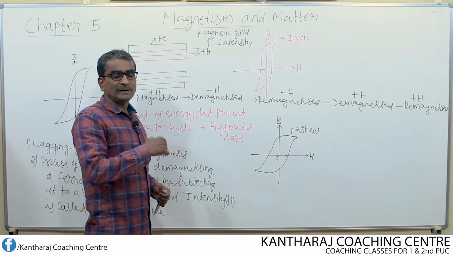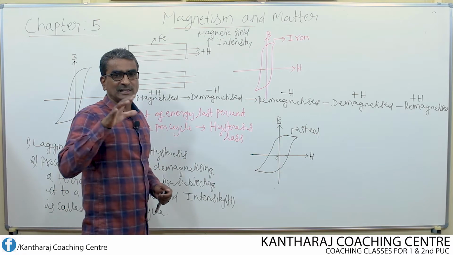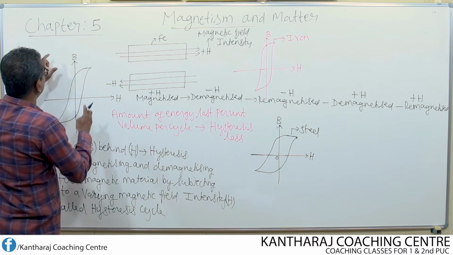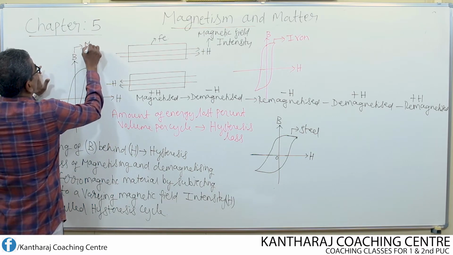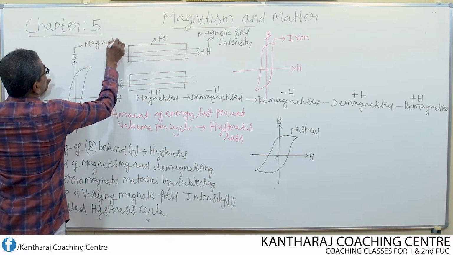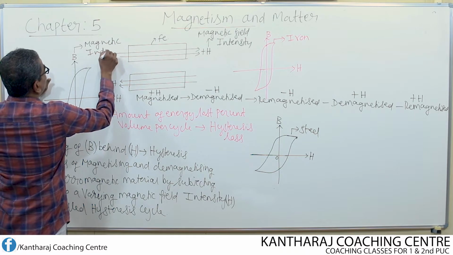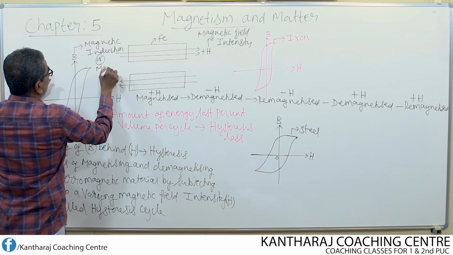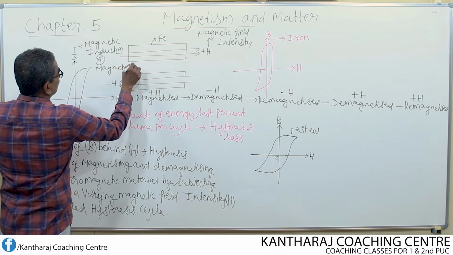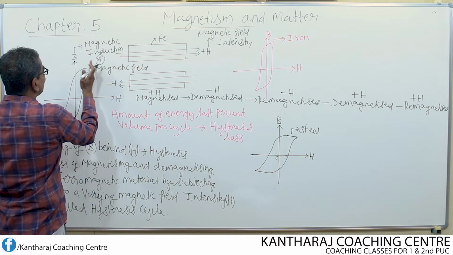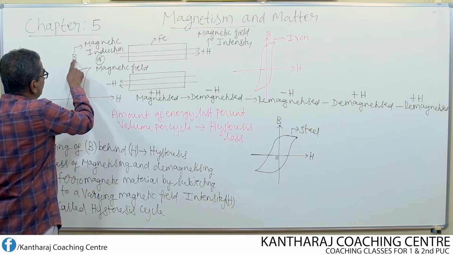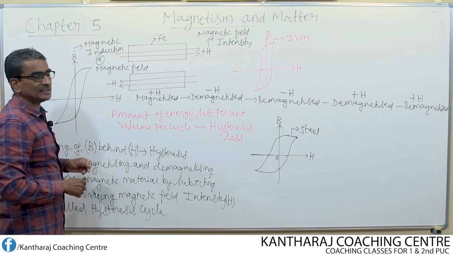Then throughout the process of the hysteresis cycle, it is found that the magnetic induction or magnetic field B always remains behind when compared to H. That means the value of B lags behind H. What does it mean?